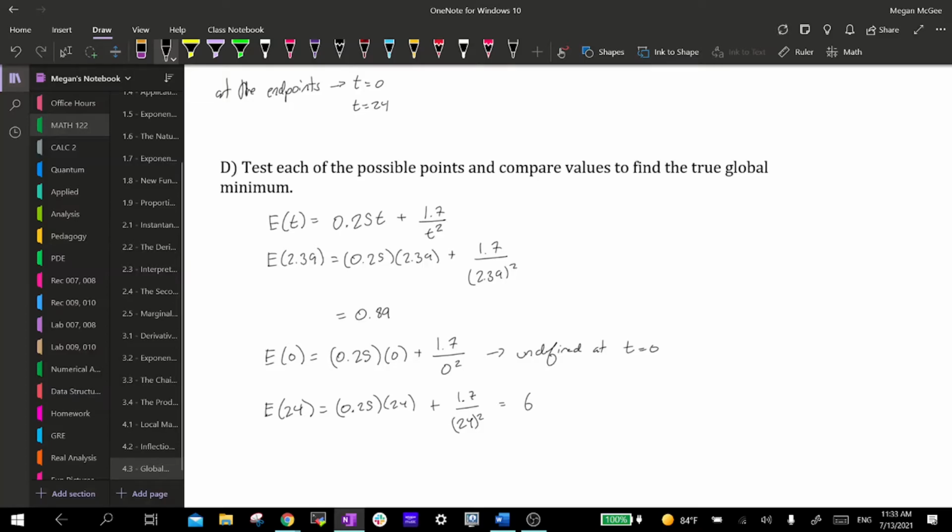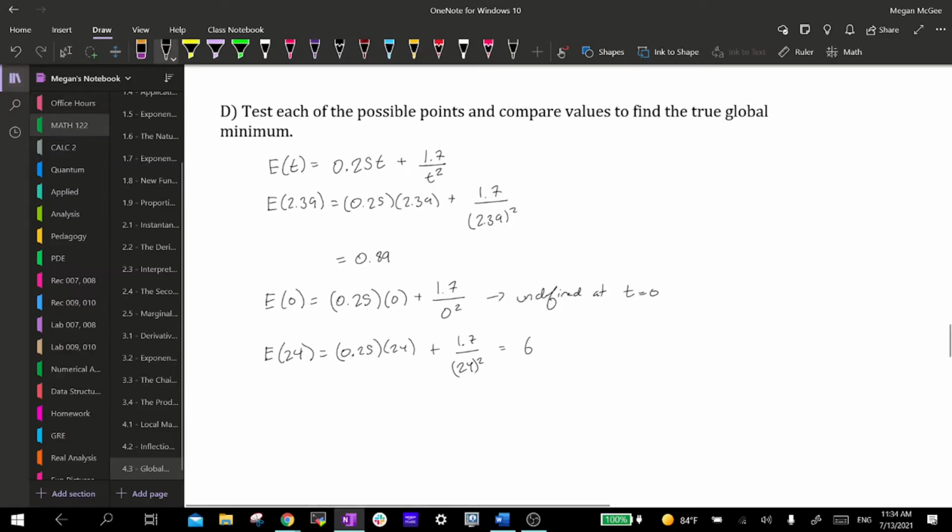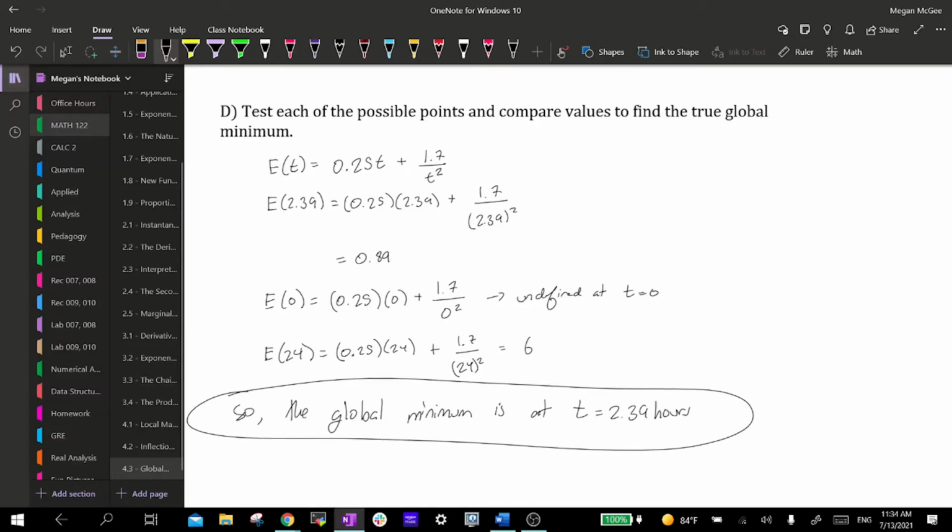At t is equal to 24, energy level is at 6. But at t is equal to 2.39, energy level is at 0.89. All right, so the global minimum is at t is equal to 2.39, and t was measured in hours.